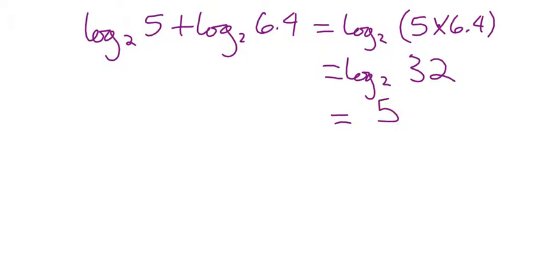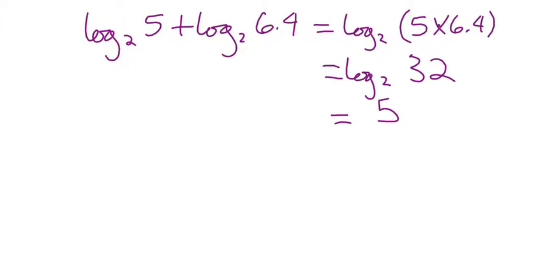So we can solve a problem that we couldn't solve before. I don't know log base 2 of 5. I don't even know how to find that. I don't know log base 2 of 6.4 either. I know what it's around, but I do know that the laws of log say if I have the sum of individual logs, it's the same as the log of the product of those numbers, right? So we make it a single log base 2 of 32, and this we can work out, which is 5.